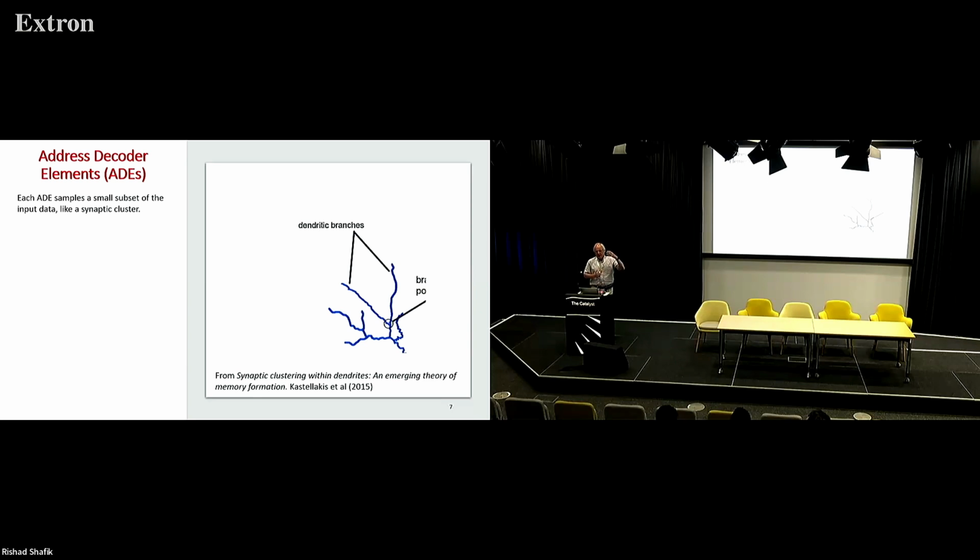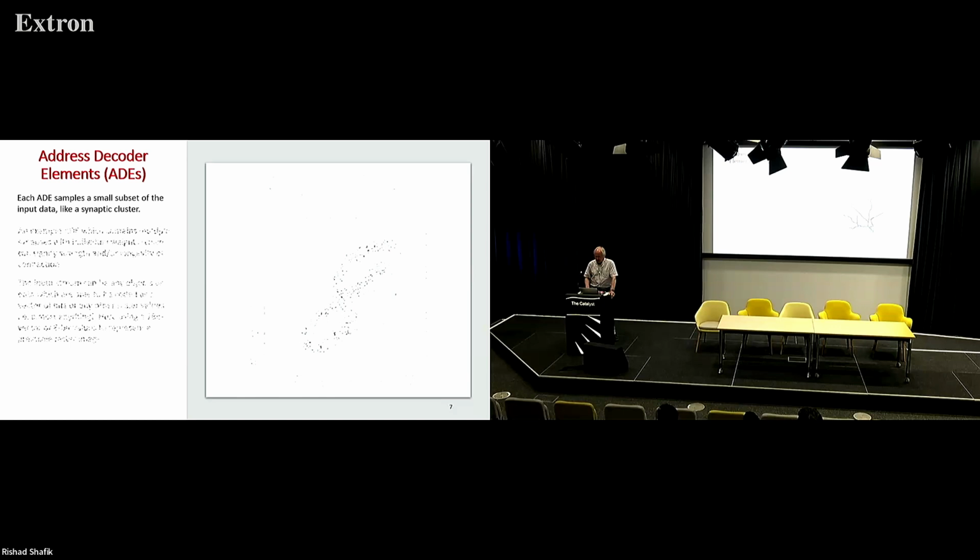And in those input processes, local nonlinearities are having a significant effect. So effectively, you've got feature recognition going on in perhaps hundreds or thousands of places on different branches of dendrites on the input to an individual neuron. So the neuron is doing much more than just accumulating all its inputs. We think of these address decoder elements as being a bit like a section of a dendritic branch.